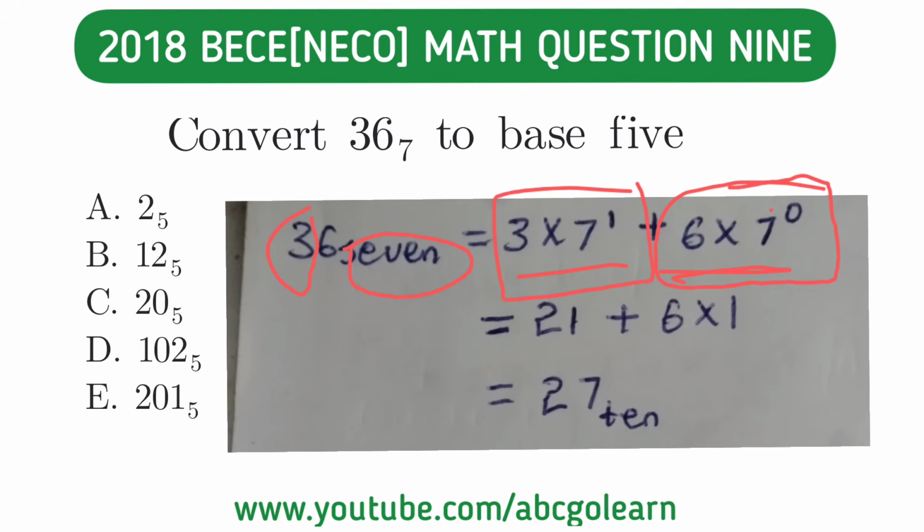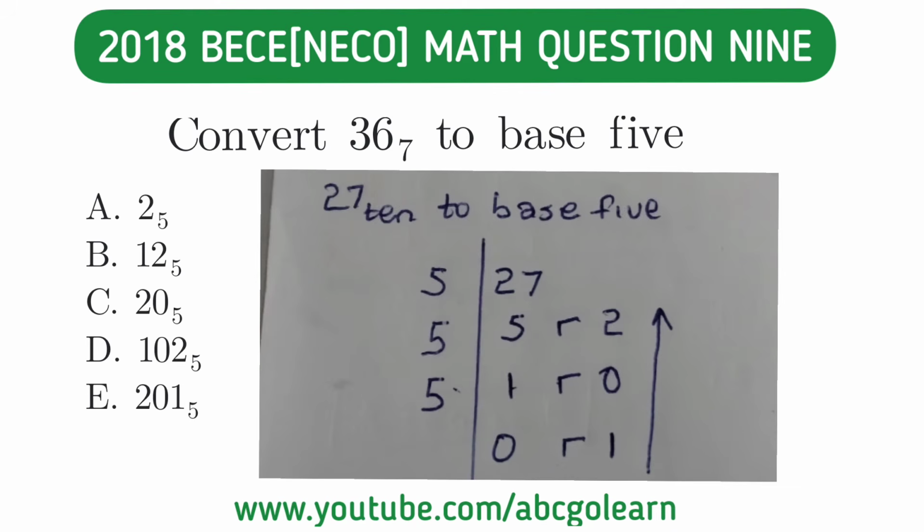I told you the other time that anything raised to power 0 would give you 1. So 6 times 1 would give you 6. The next thing now is to add them together, and you will get your answer as 27 in base 10. That's our denary number.